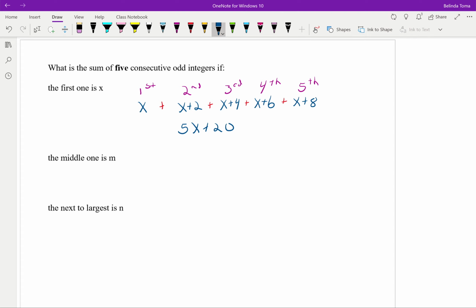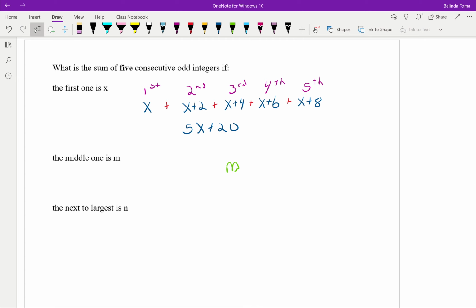Well, what if they told us the middle one is m? Again, I'm going to keep that column, but now I'm going to write m in the middle for our third or middle unknown. And then thinking, well, instead of adding 2 to get smaller, I would subtract 2. And to get to the smallest one, I would subtract 4.